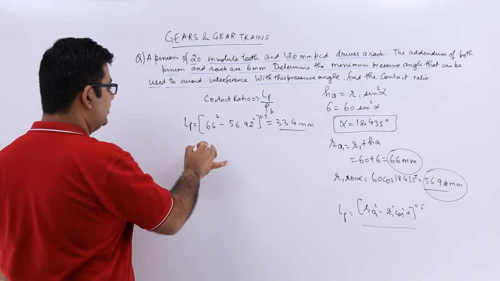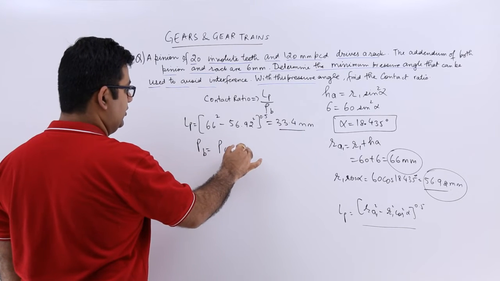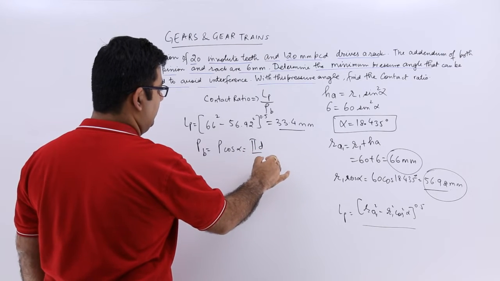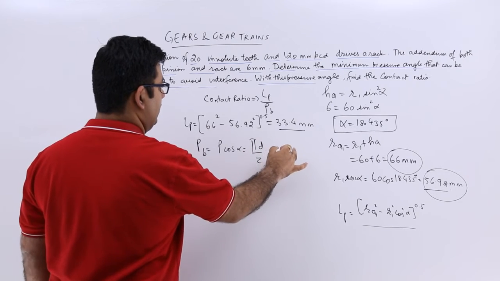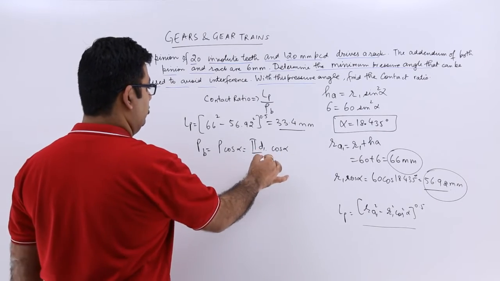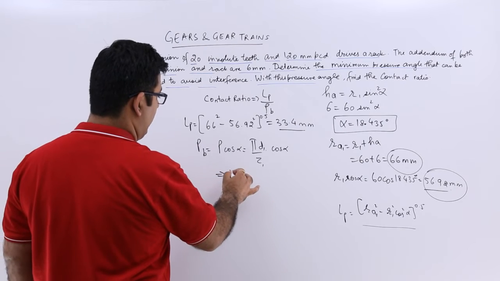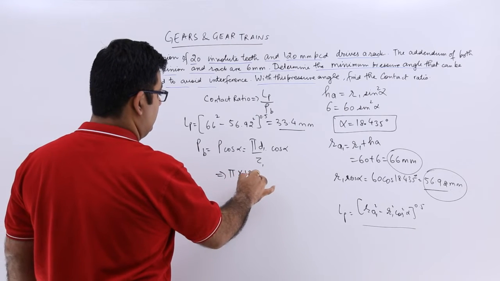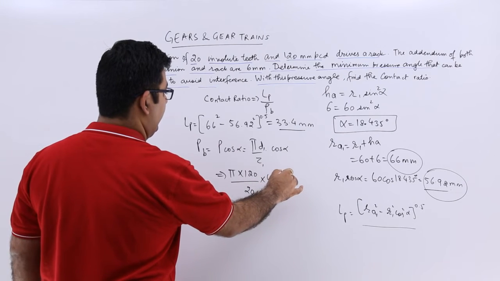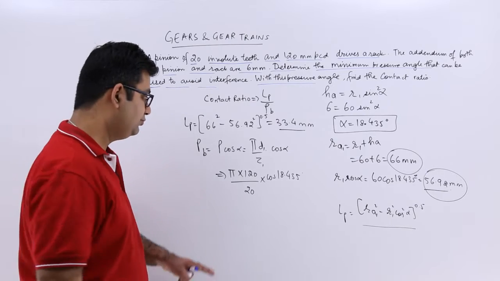Now we need to calculate the base pitch, which is P into cos alpha. Now P is pi into D upon Z. So I'm taking pinion, so I'll do D1 and Z1. So D1 is how much? 120. Z is 20 into cos of 18.435 degrees.